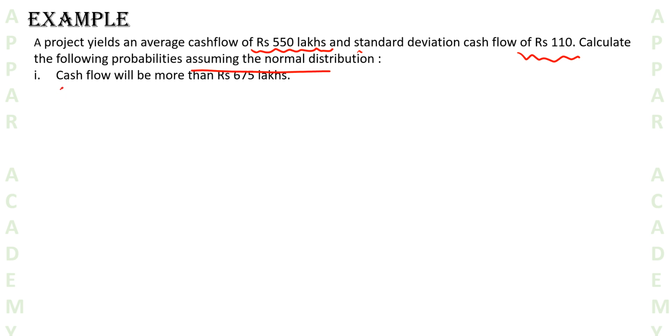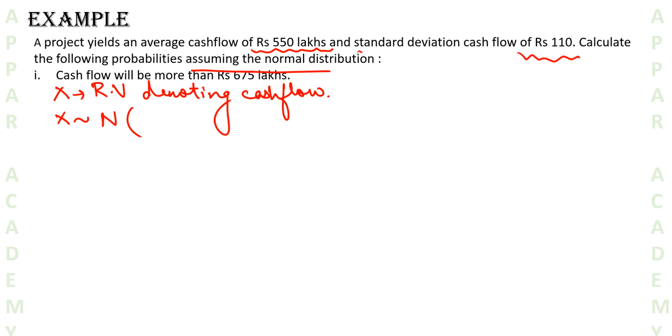Okay. So let X be the random variable that denotes cash flow. So X is simply a random variable that denotes the cash flow, and this X is normally distributed.